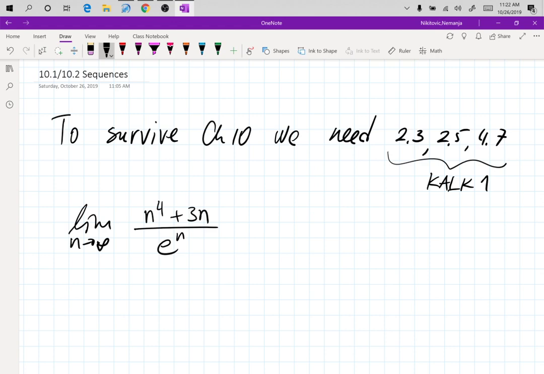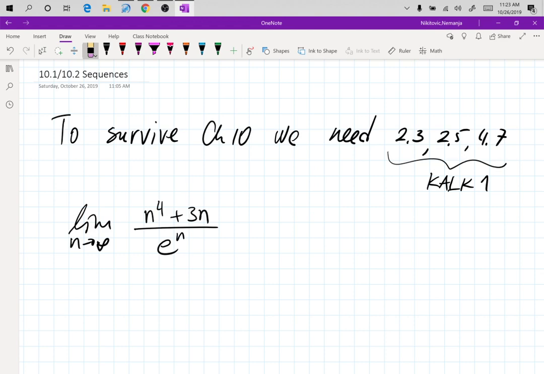So when you have a problem like this, you can solve it in two different ways. You can use the growth rate of functions, because what you learned in 4.7 is that polynomials grow slower than exponential functions, and because they grow slower, on the long run, and you do have a long run, you're going to infinity, the exponential function will win.